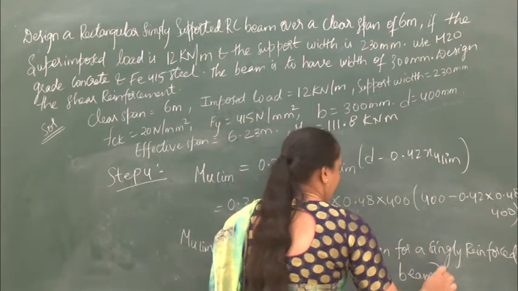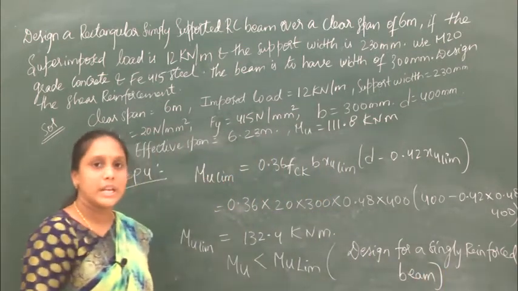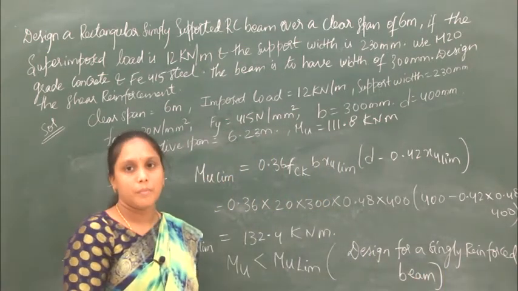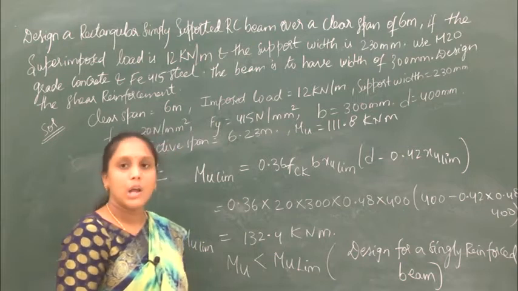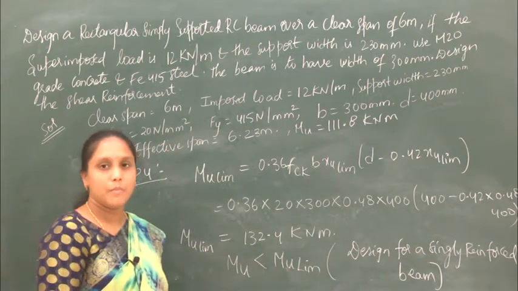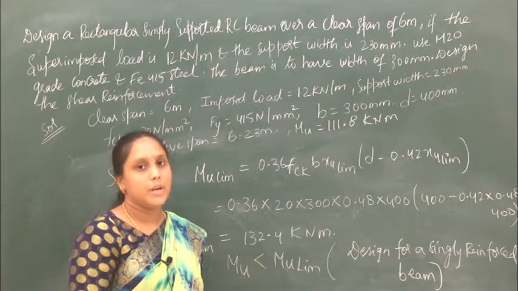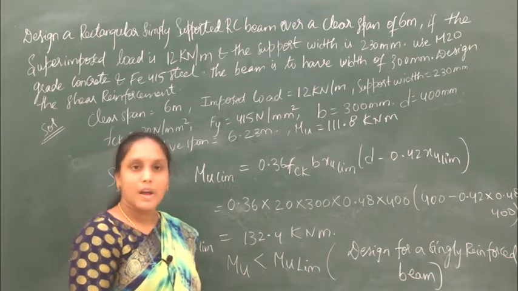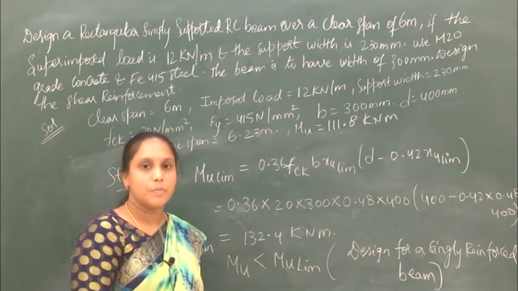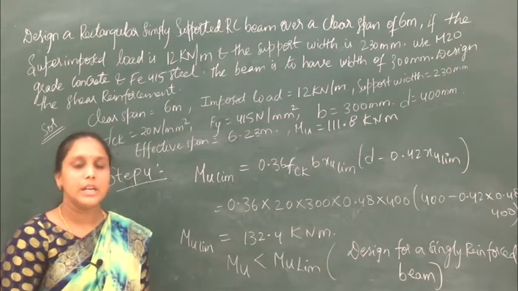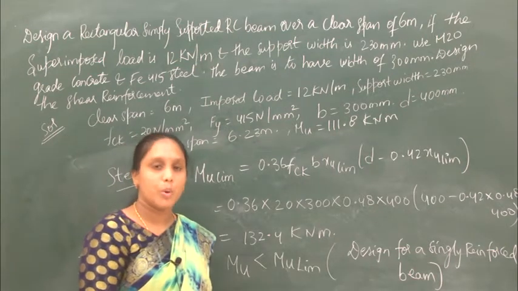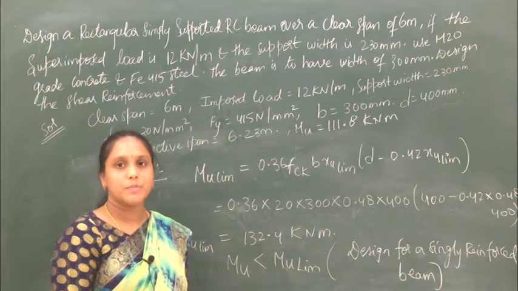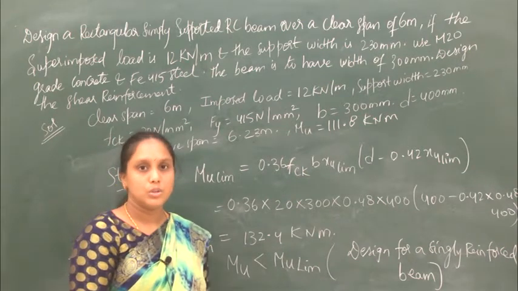Now we know the values of Mu and Mu limit, and we know that it is a singly reinforced beam section. In a singly reinforced beam section, you have to provide the steel reinforcement only in the tensile zone.